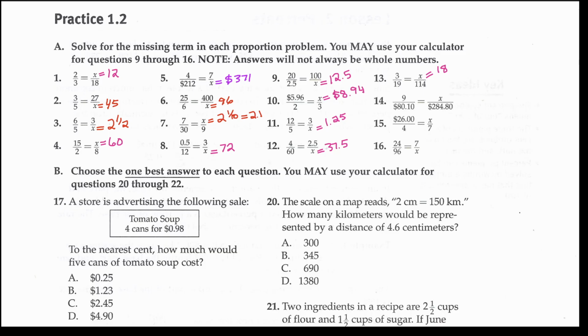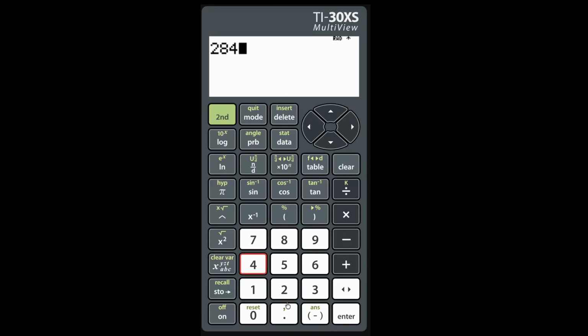Number 14. 9 times $284.80. Okay, remember that. 284.8 times 9. 284.8 times 9. Enter. That's 2,563.2.